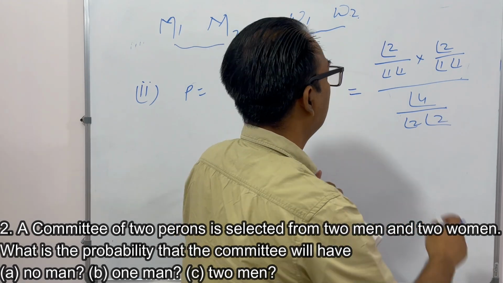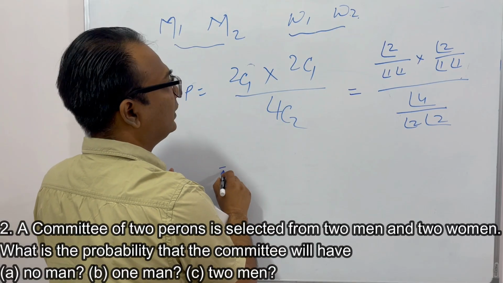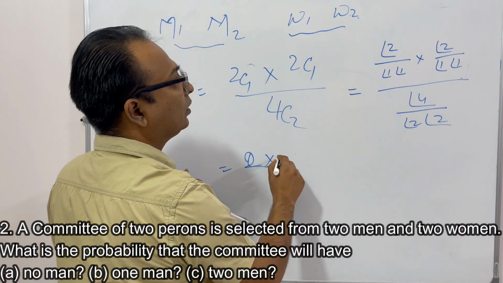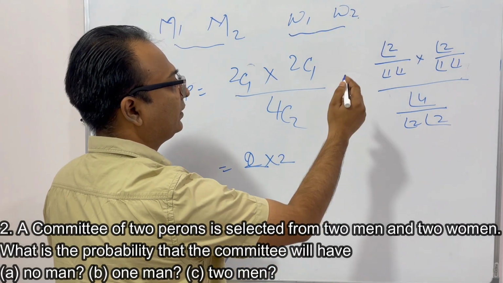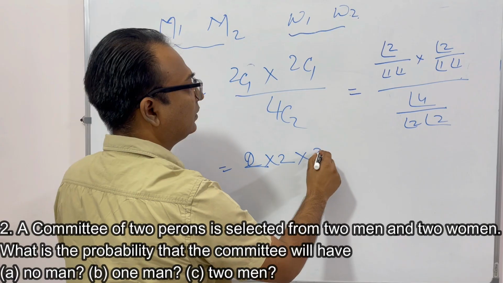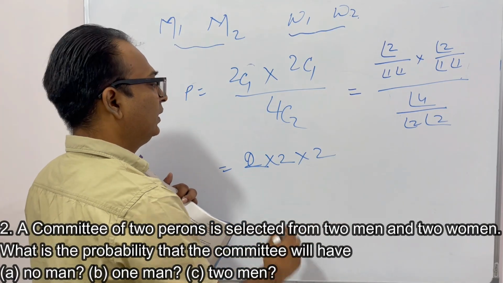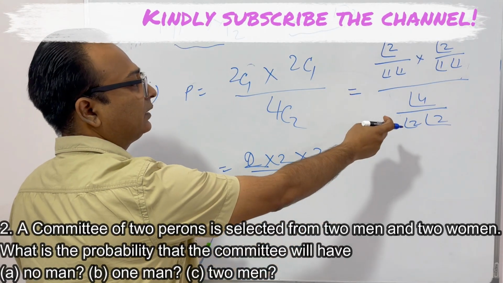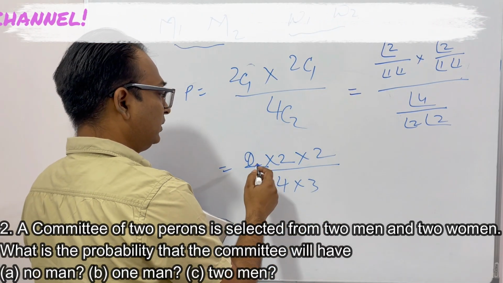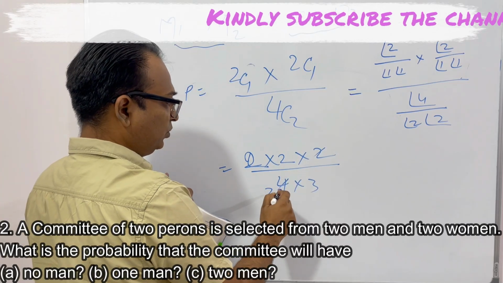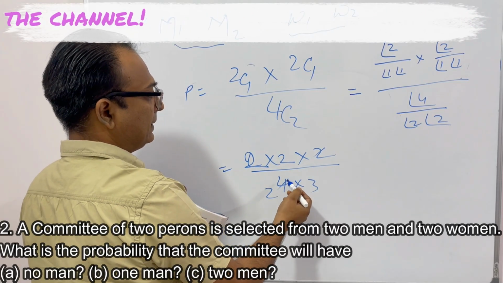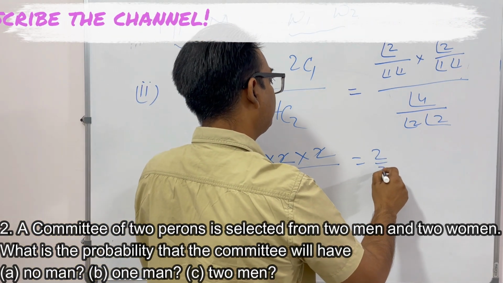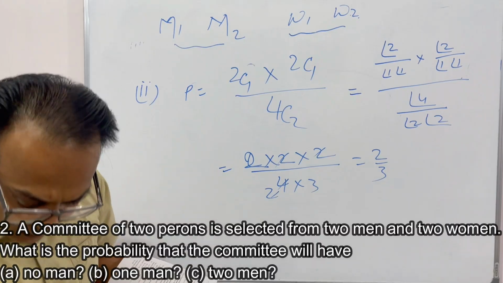What we will get is 2 times 2 over 4 times 3 after factorial 2 cancels. So this is 4 by 6, that is 2 by 3. So the probability is 2 by 3.